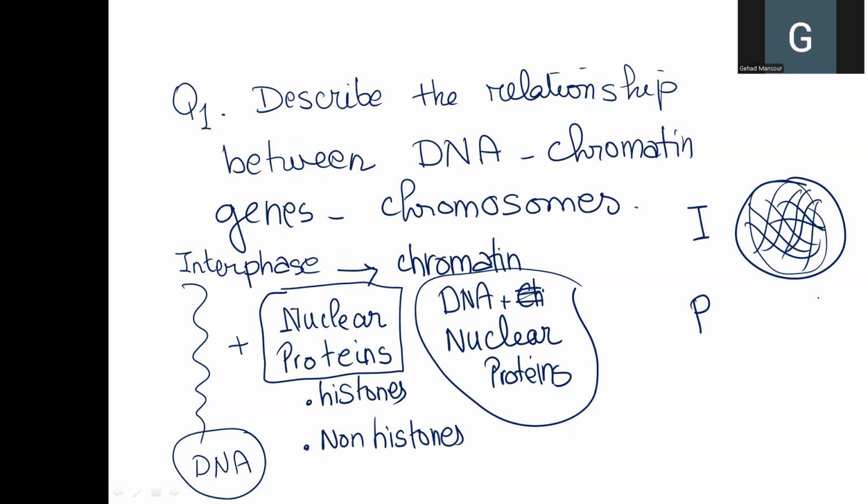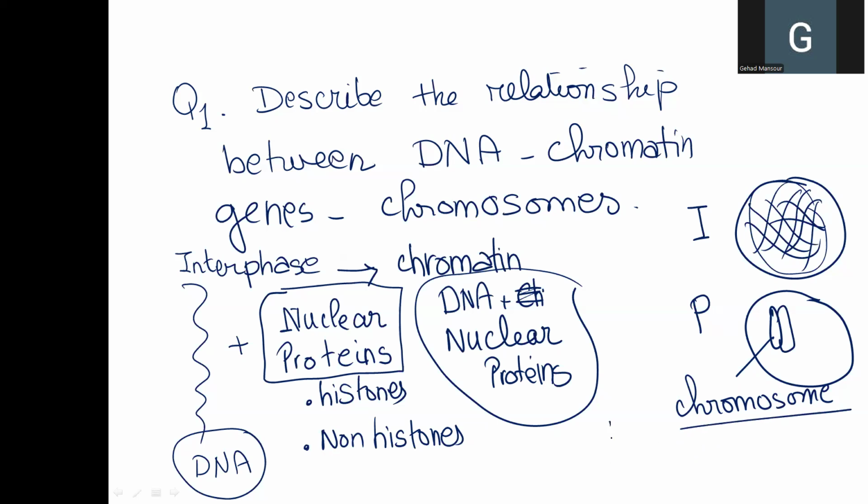And then in the prophase, we start seeing condensed chromosomes. So this is a chromosome. And since we can visualize it, then it is condensed, and it has been highly folded. So what is a chromosome? A chromosome is a highly folded DNA molecule.